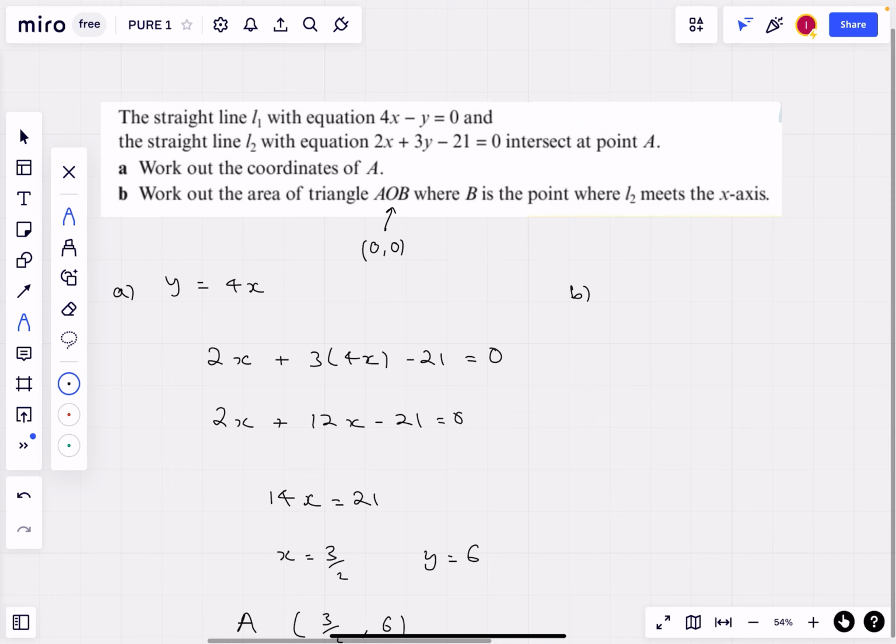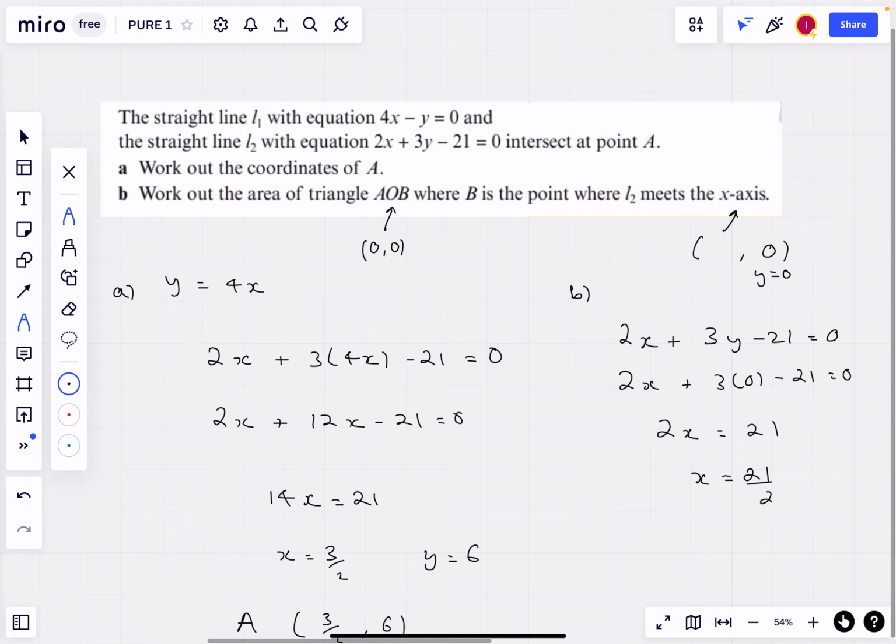L2 meets the x-axis means the y-coordinate is going to be 0. Okay, so we take L2 and we sub in y equals 0. Like that. So our 2x is going to be equal to 21. x equals 21 over 2.